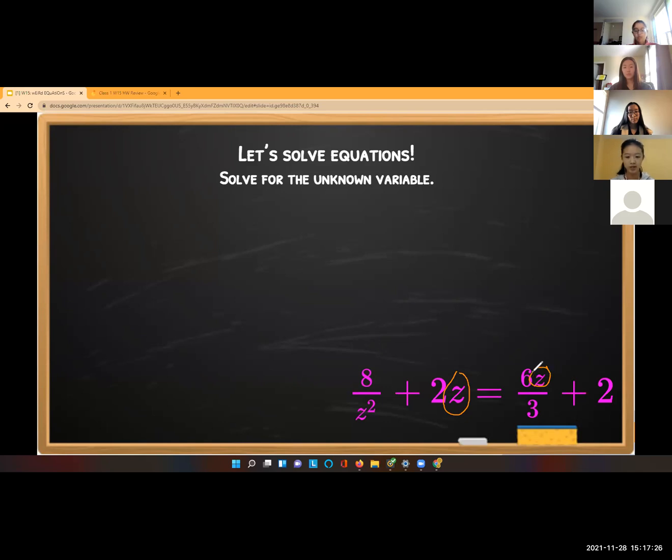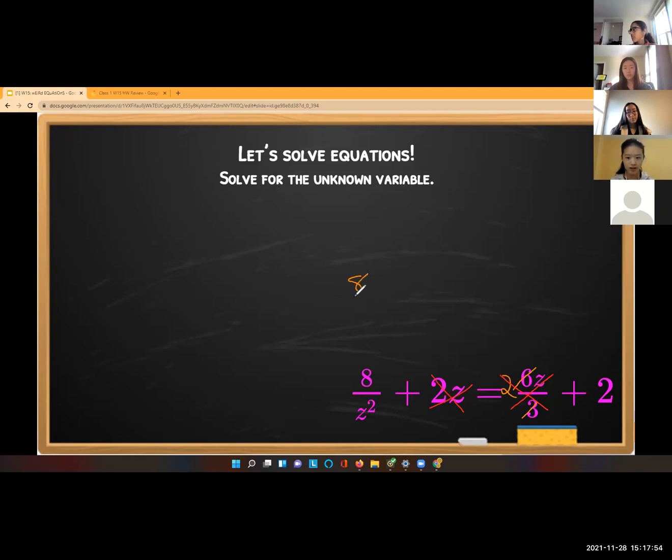At first that might just look like a fraction that you don't want to work with, but if you look closely, this fraction actually just cancels out to 2z. But the good news is that there's another term of 2z on the left side of the equation. So if you subtract 2z from both sides, that term just completely disappears, and you no longer have to deal with it.